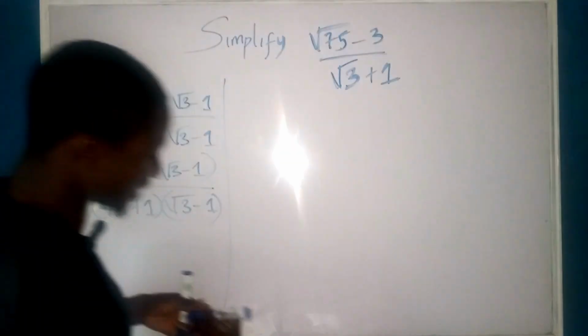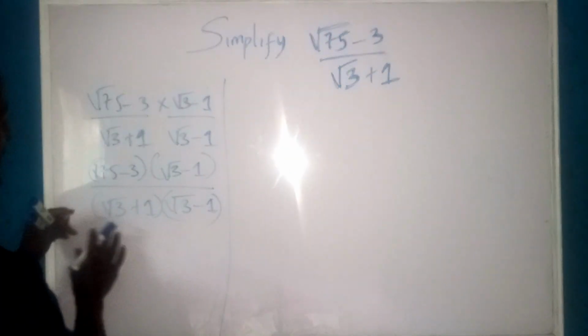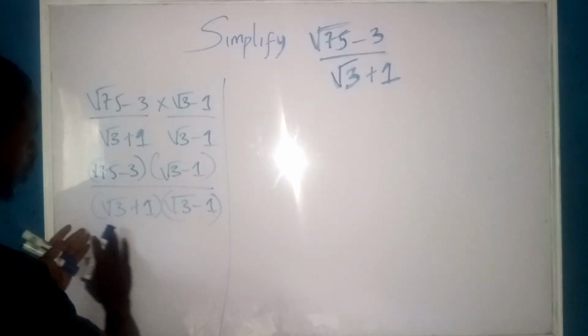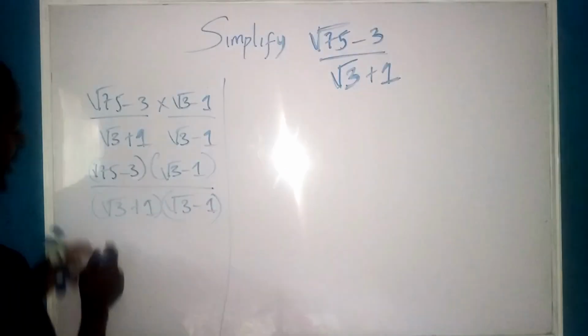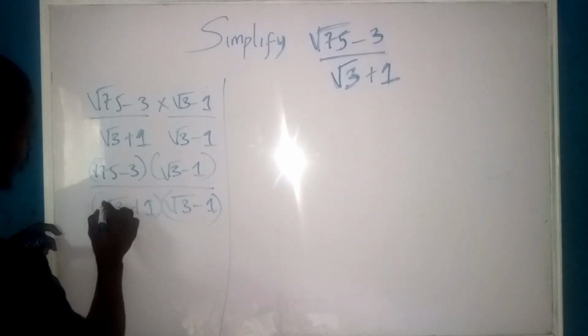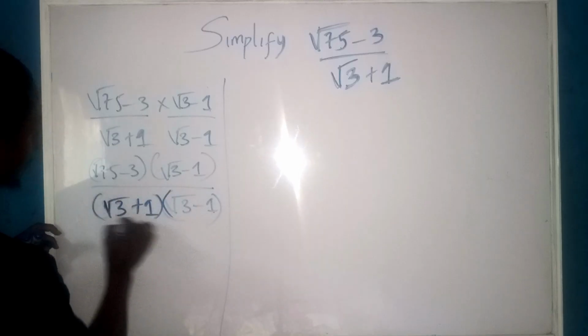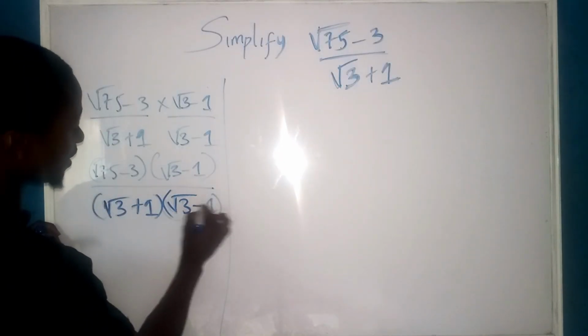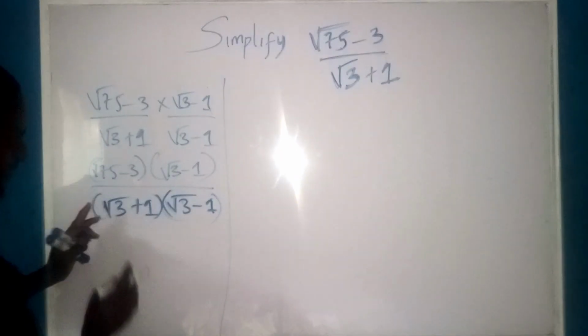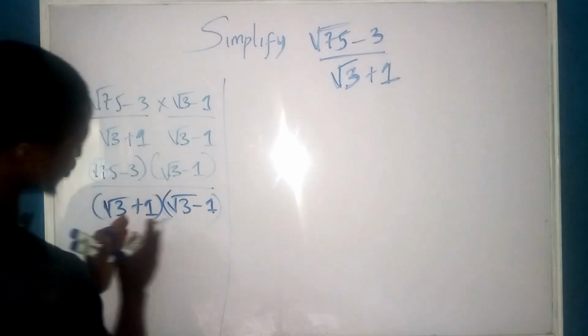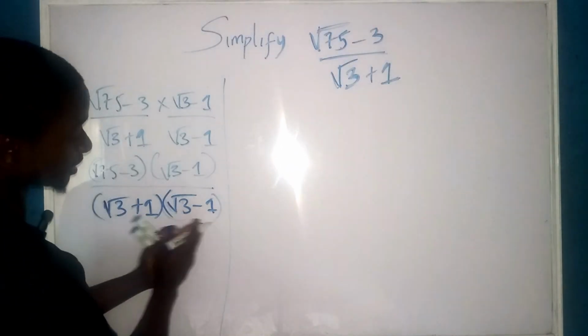So what do we do next? First of all, let's just work on this denominator. We have root of 3 plus 1, then times root of 3 minus 1. Look at these terms: the same and the same, but what is different between them is the sign.